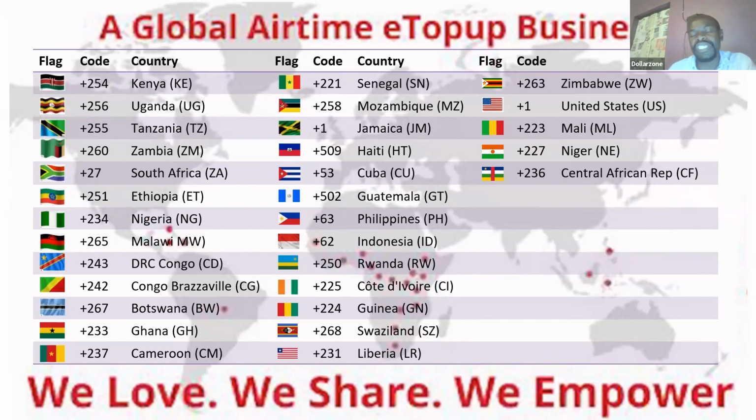What we are talking about is that the mobile service providers' airtime has already been activated, and using this app, you can easily interconnect. I can send somebody in Jamaica airtime while right here in Kenya, and they will receive it through their mobile service provider. Somebody from DRC Congo can send somebody in Zimbabwe airtime, and they can easily do that. They can send each other money. This app is powerfully amazing.